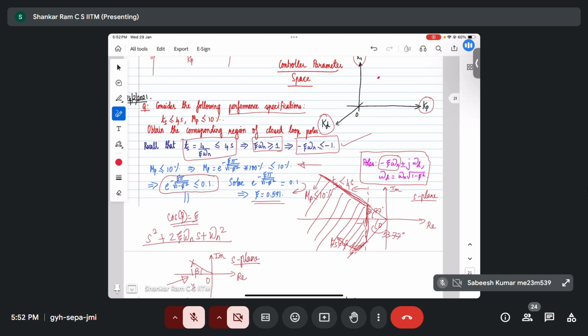Without any data, I am giving you a guess. For any arbitrary system, you take the dominant dynamics, Kp and Ki will influence zeta and omega n, because the denominator polynomial of the dominant second order system is this, right? So that's why people make those statements.